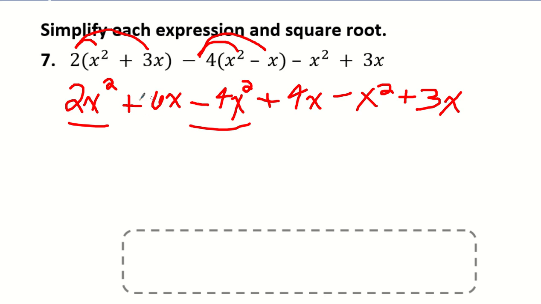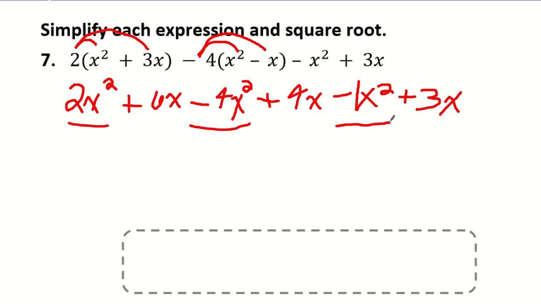So this is a positive 6x. This is a positive 2x squared. This is a negative x squared, or to be a little more thorough, a negative 1x squared. This is a positive 3x. Anyway, back to it. So a 2x squared, a negative 4x squared, and a negative 1x squared.